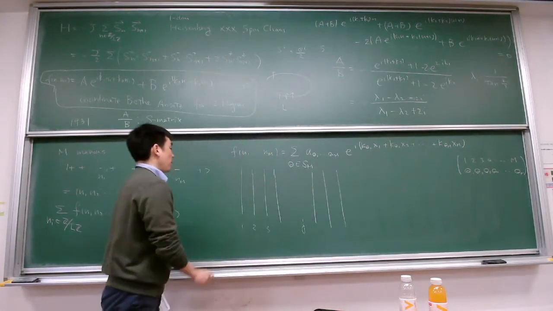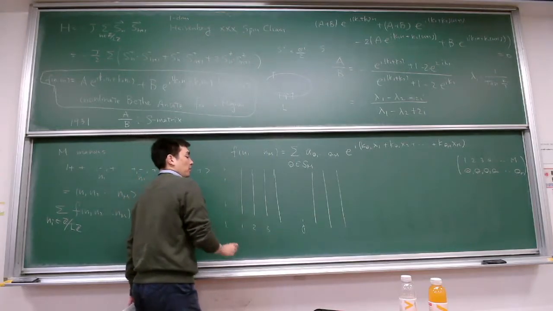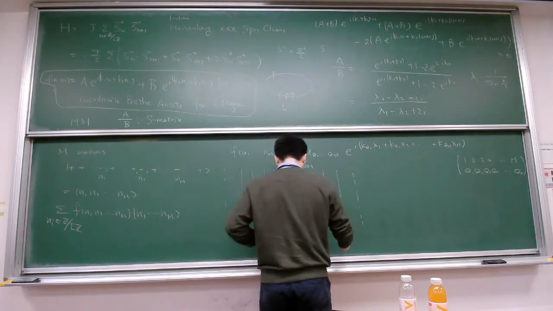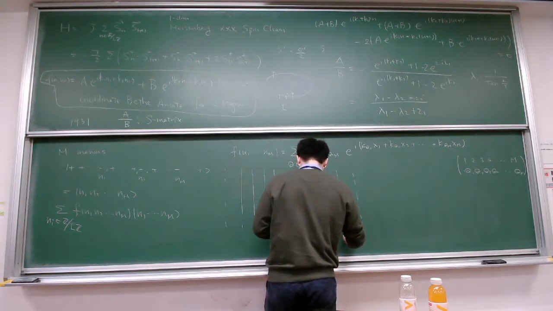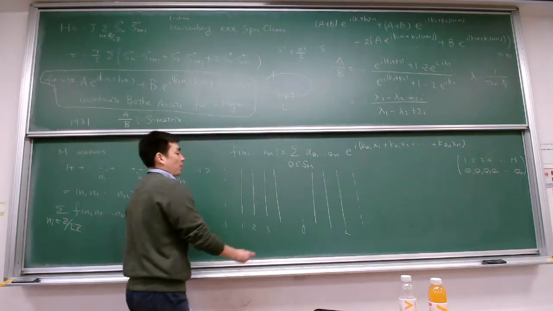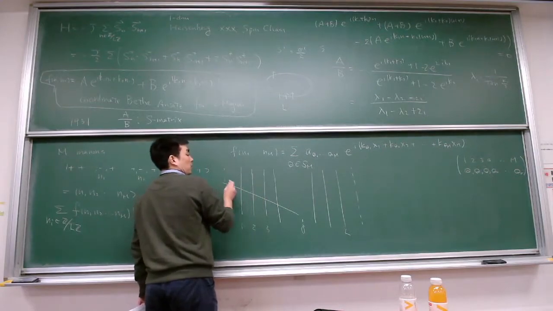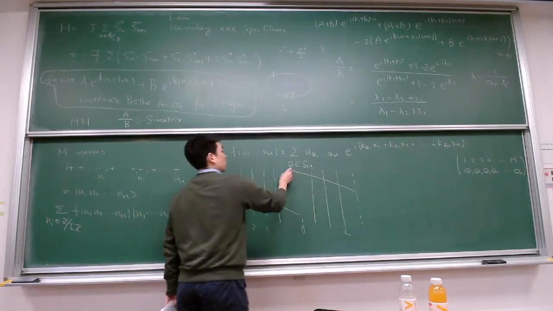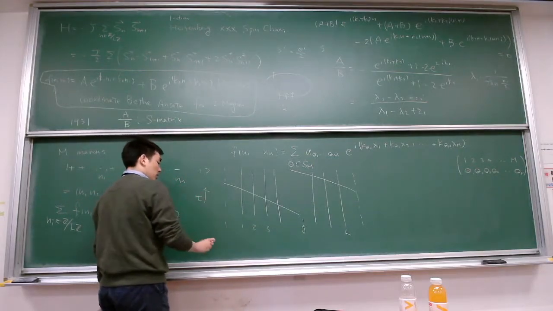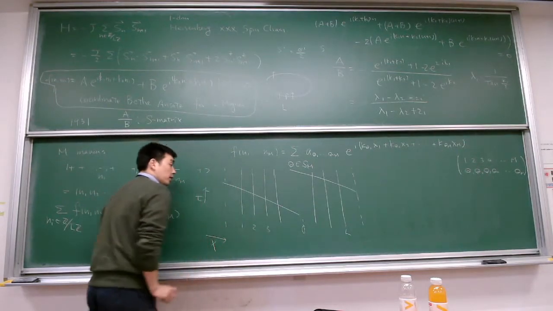We have a periodic boundary condition, so you have n of them, up to L, sorry. And then you just scatter the particles this way in the coordinate picture. This is the time direction, and this is the spatial direction x.